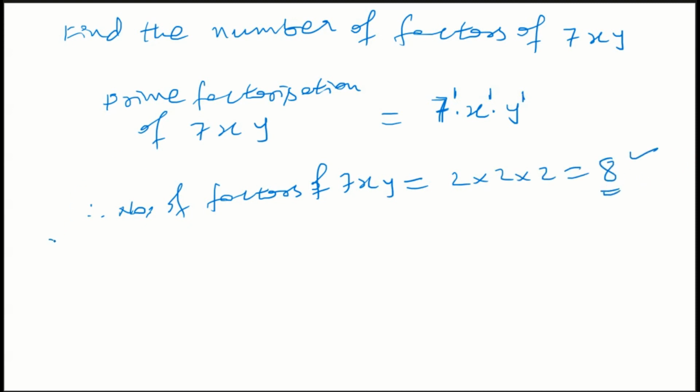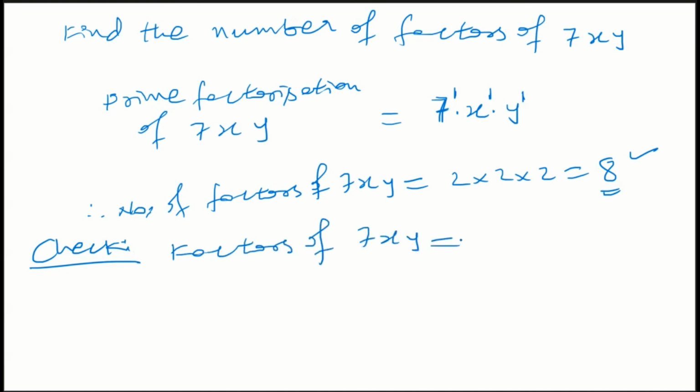If you want, you can cross check the factors of 7xy. What are the factors of 7xy? I can write 7 into xy, so 1 is a factor and 7xy is a factor. I can write it as 7 into xy, so 7 is a factor, xy is a factor. I can write this as 7x into y, so 7x is a factor.